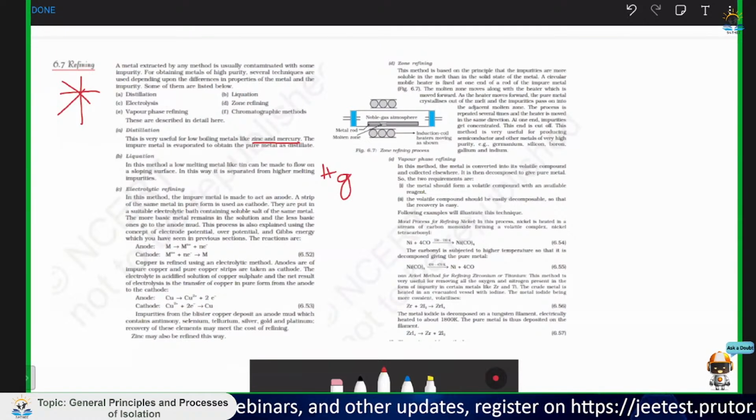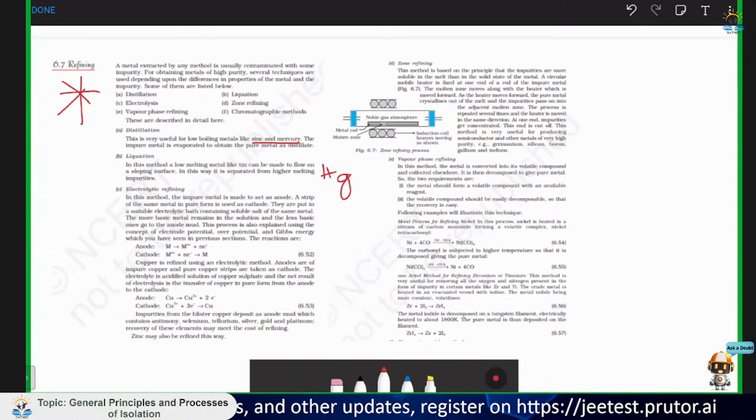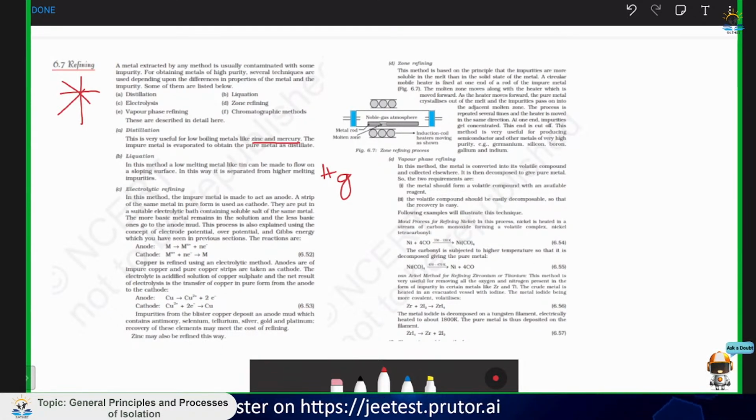So now for copper, use this electrolytic refining: impure copper anode, highly pure copper cathode, and put up the voltage.